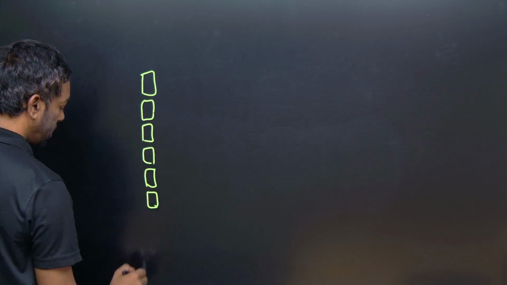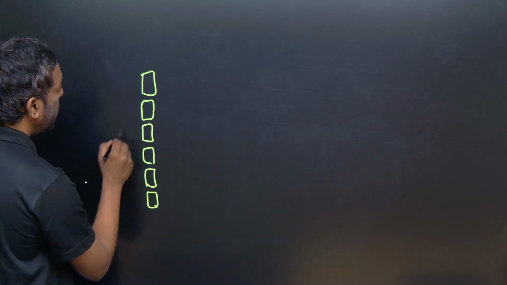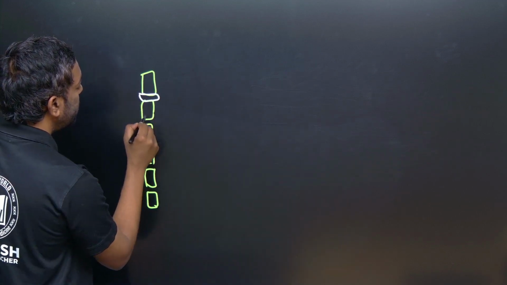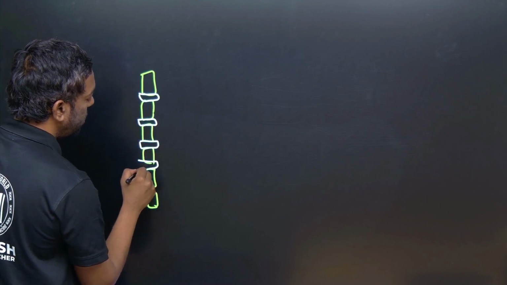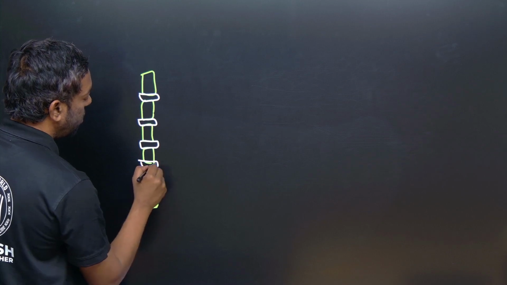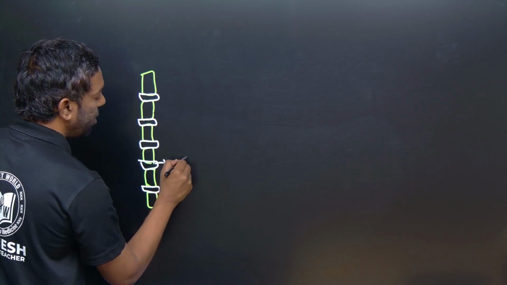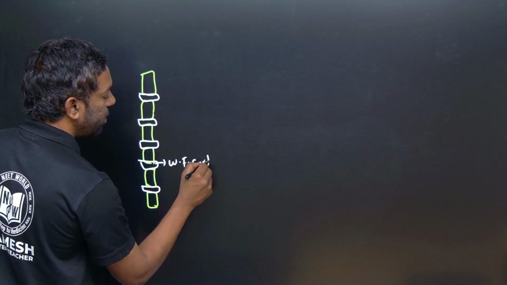This is the spinal cord, and this is the cartilage which supports the spinal cord, white fibrous cartilage.